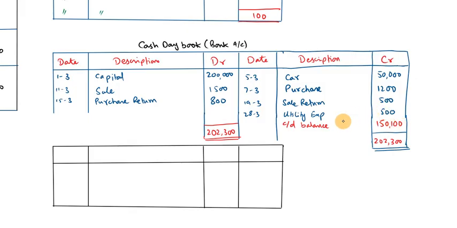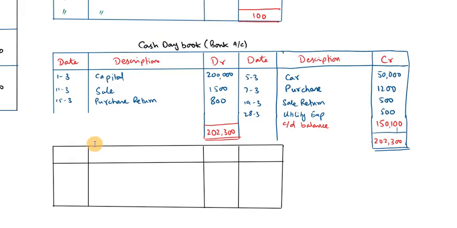So this is the carried on closing balance. It means at the end of the month, the business has 150,100 cash balance in its bank account. So this is the cash table.